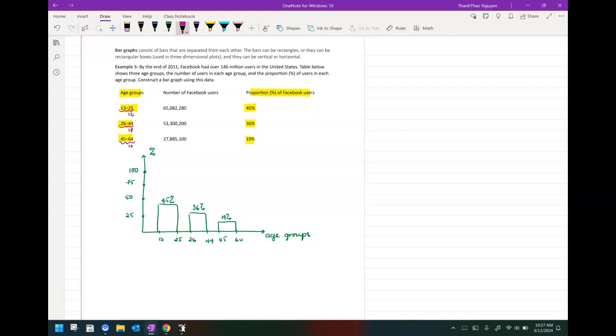However, when I draw this bar graph, we're just talking about certain age groups, so the bars do not have to be the same width. However, the vertical has to represent the proportion. So the y value is what really shows the difference here. Note that here 45% of the people who use Facebook are in the age group of 13 to 25 years old.